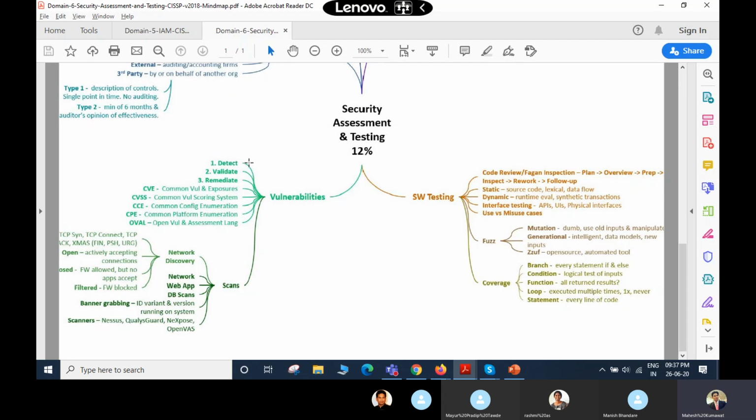Then what type of remedy, what type of solution, what type of resolutions are you going to provide? So that is why we require an incident response plan. When the incident happens, how are you going to respond, and what's your planning sort of things.